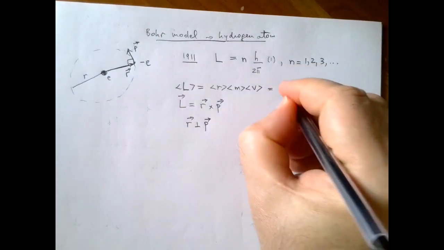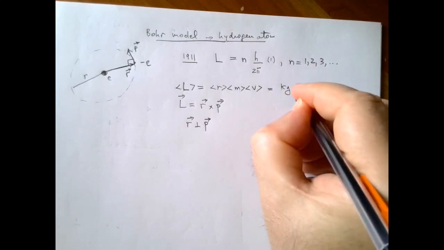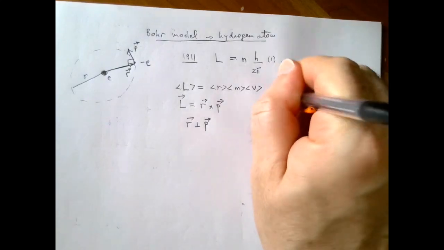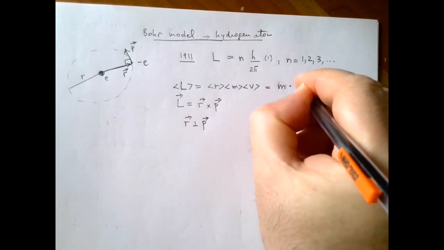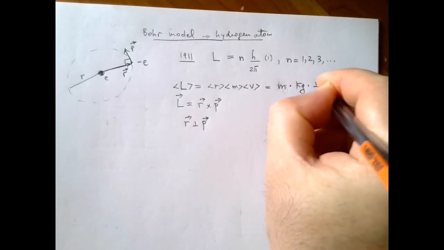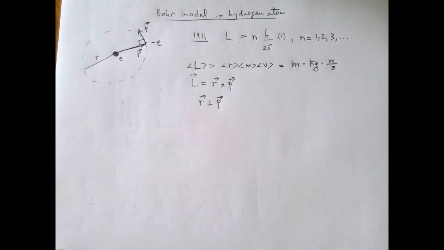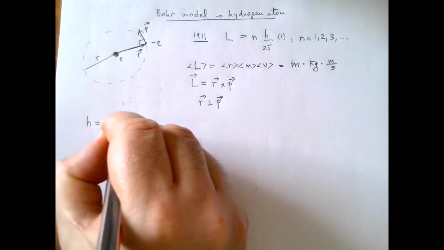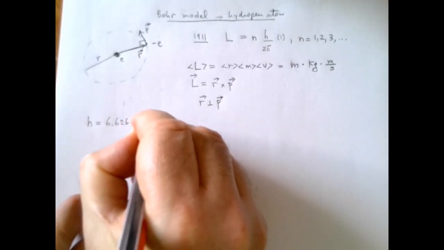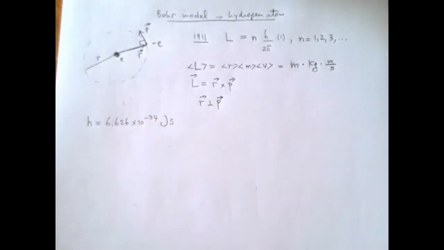So this becomes kilogram meters, the unit of the radius, multiplied by kilogram, multiplied by meter per second. On the other hand, Planck's constant is 6.626 times 10 to the negative 34 joule second.